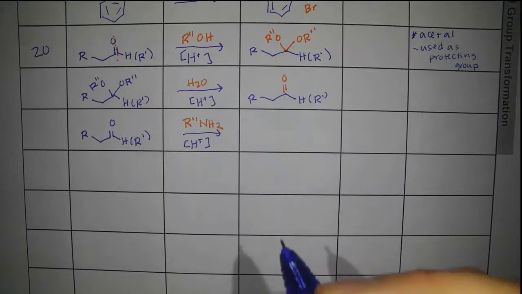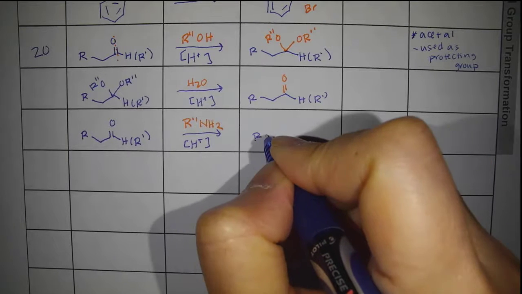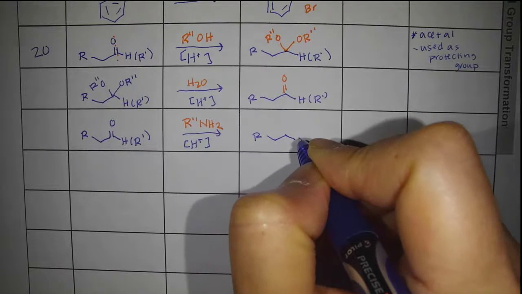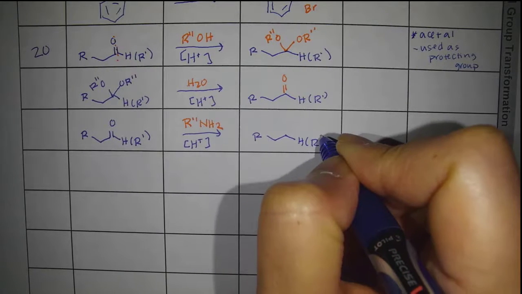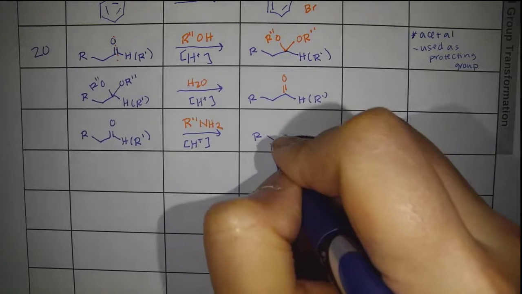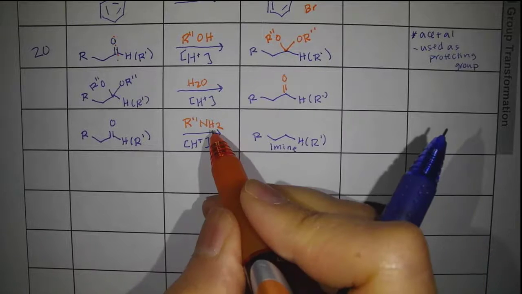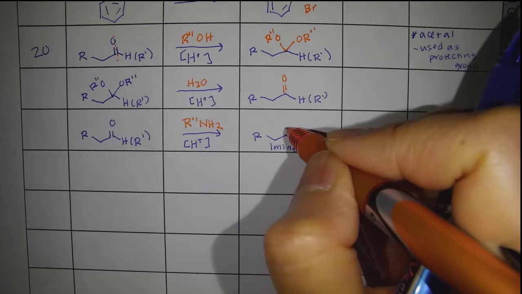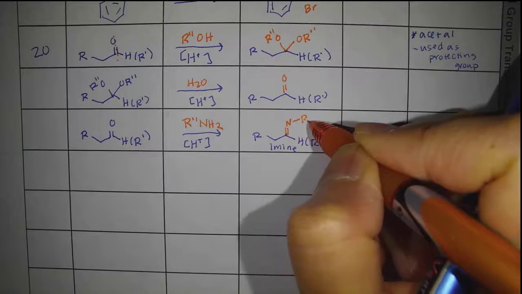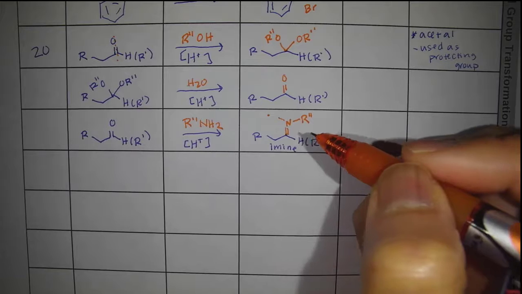If you add an amine, a primary amine, to a ketone or aldehyde, you're going to form an imine, and what's going to happen is the nitrogen is going to take the place of the oxygen, and then the R group comes along.